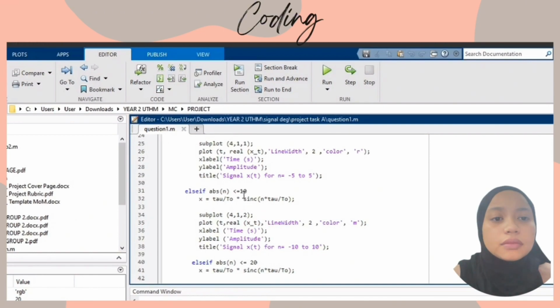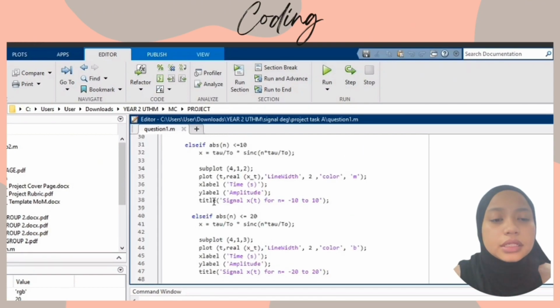Okay, next we have chosen n equals 10, the same function, and then we change the color and the title of the signal, which is n equals -10 to 10.